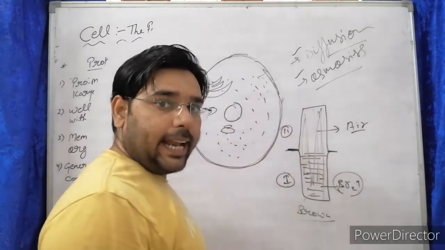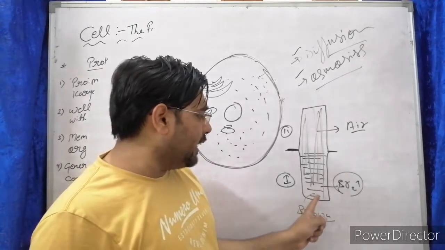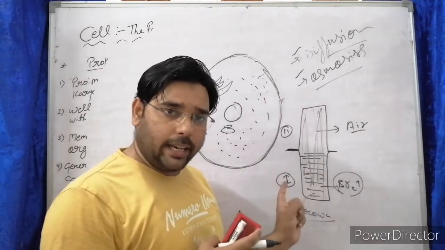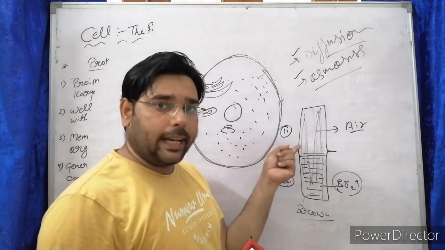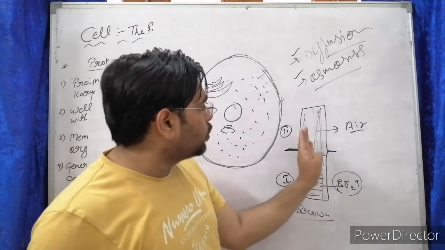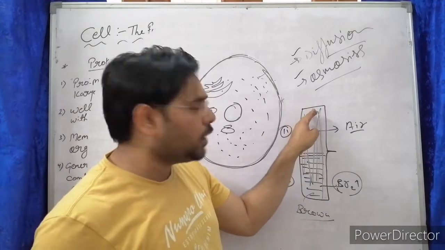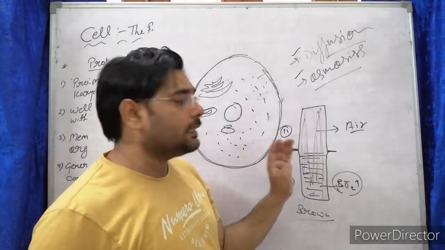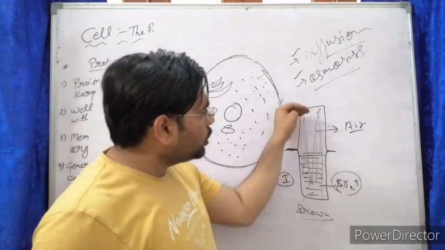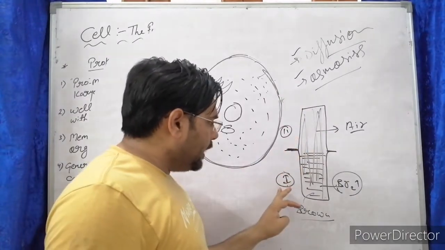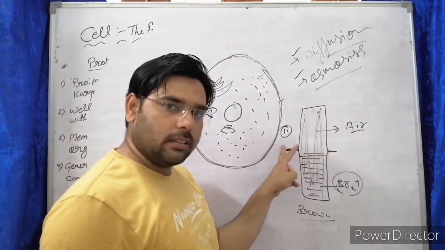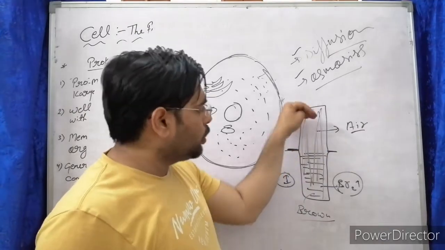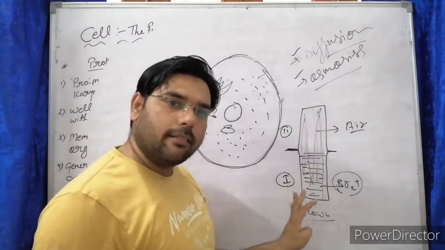So we can say that the concentration of bromine gas in beaker 1 is higher as compared to beaker second. So bromine gas goes from higher concentration to lower concentration. As a result, air goes from beaker second to beaker 1, because the concentration of air is higher in beaker second.